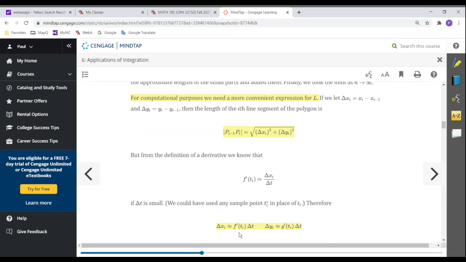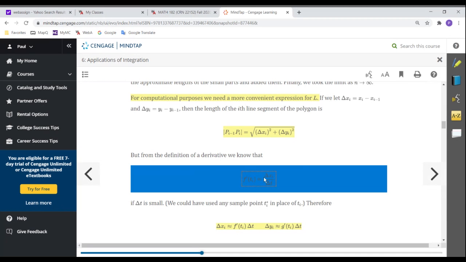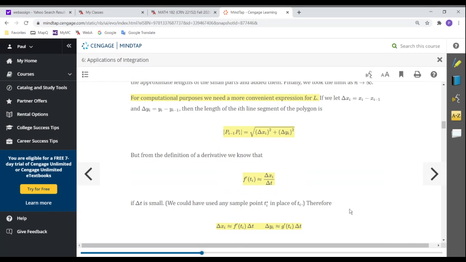When I wrote it out on Blackboard, and you probably have it in your notes, I said f prime of t was approximately delta x over delta t, but it's really f prime of t sub i, okay? f prime of t sub i equals delta x sub i over delta t, and also g prime of t sub i equals delta y sub i over delta t. But you get the general idea.